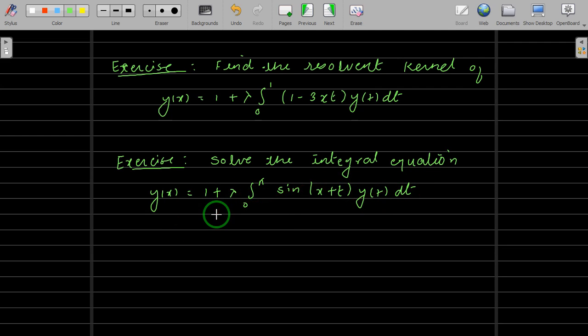So for this you find your resolvent kernels and get the solution.